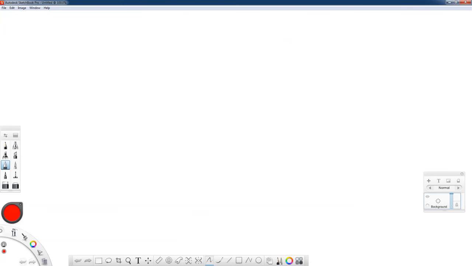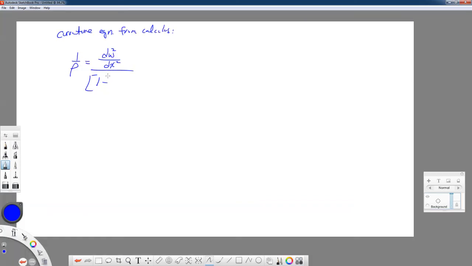Last thing that we'll draw upon is the curvature relation from calculus, which states that 1 over a radius of curvature for a function is equal to the second derivative of that function with respect to x, divided by the quantity 1 plus the first derivative squared, all to the 3/2 power.